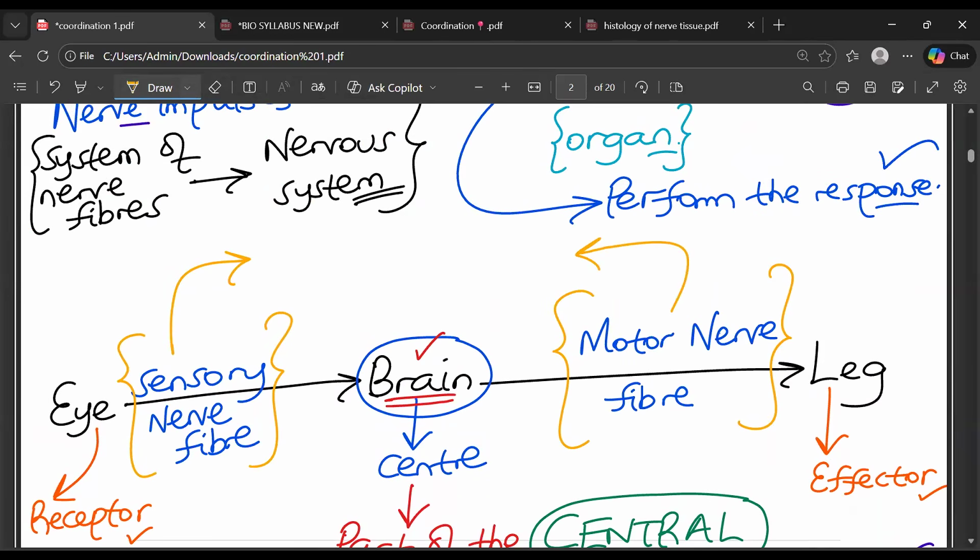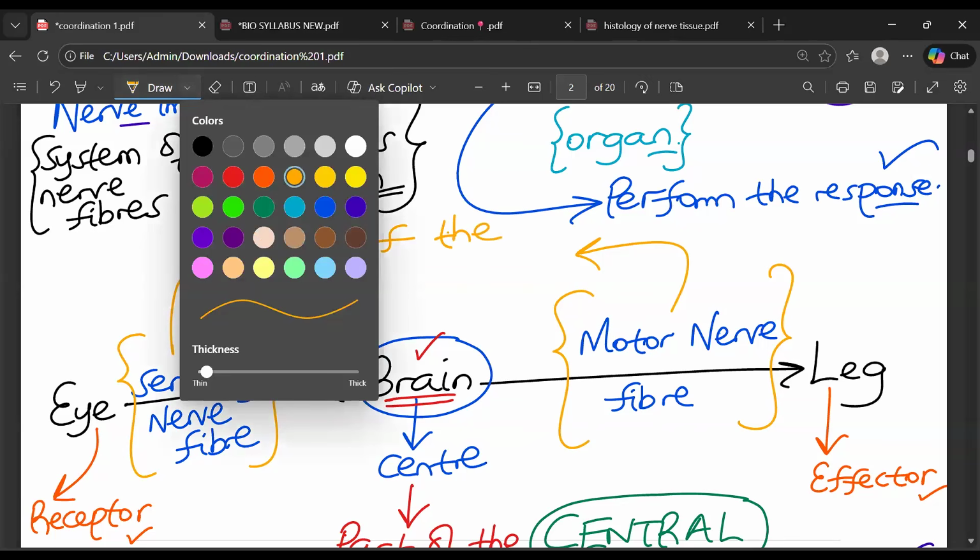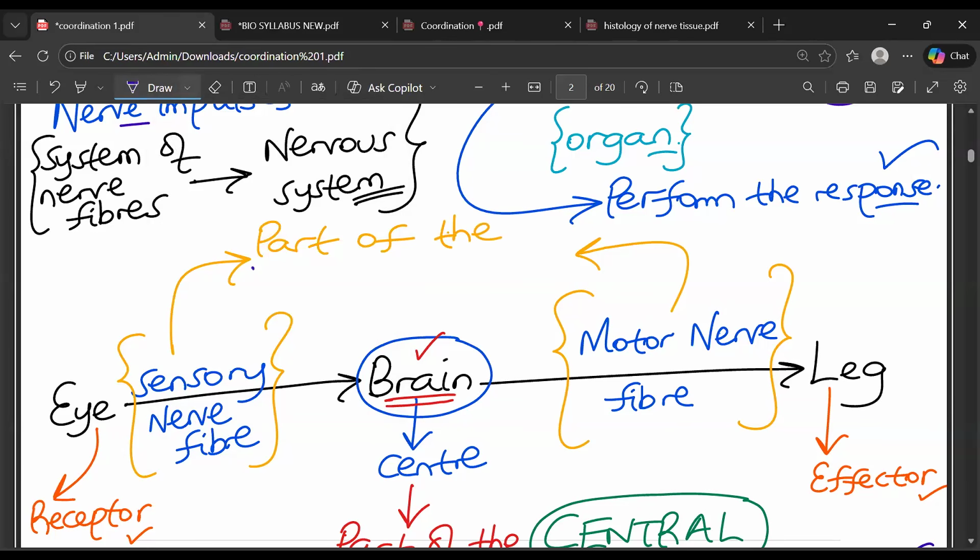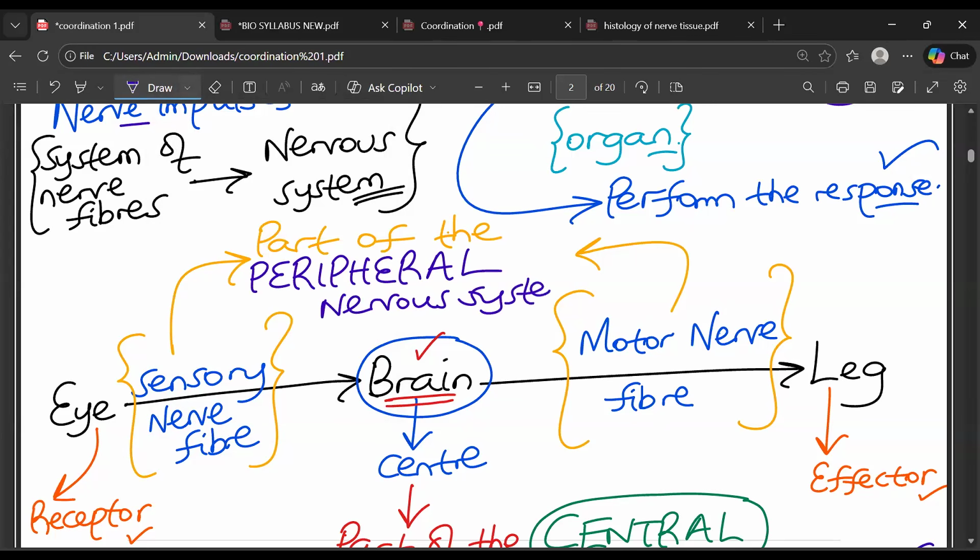That's why they are part of what they call the peripheral nervous system. Yeah, it's the nerve fibers that dominate.